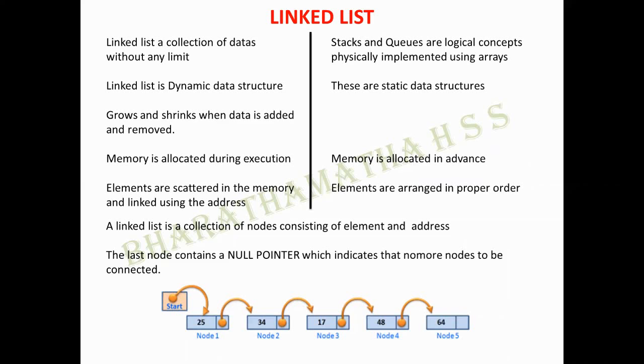That is, the maximum number of elements, we have to give. So this linked list is a good example of a dynamic data structure. Dynamic means that at the time of execution only, you decide whether you want to input any more data or just stop.